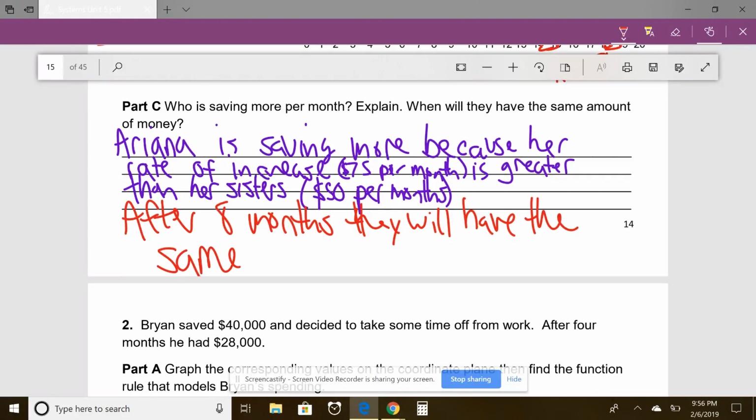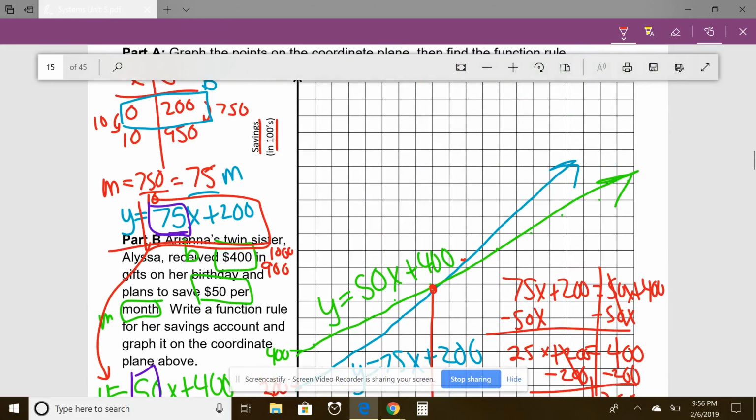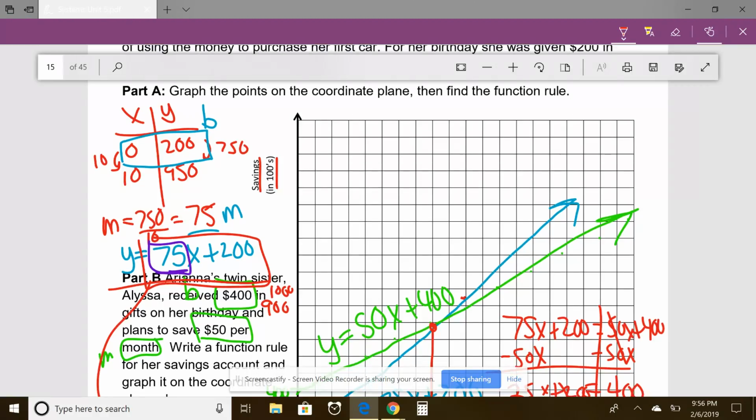Again, it's important to be able to understand what you're interpreting in these problems. And now we're also using our skills from figuring out the rise over run, our slope, our intercepts, and actually graphing them and seeing, hey, this is how you interpret the word problem and the information that's given.